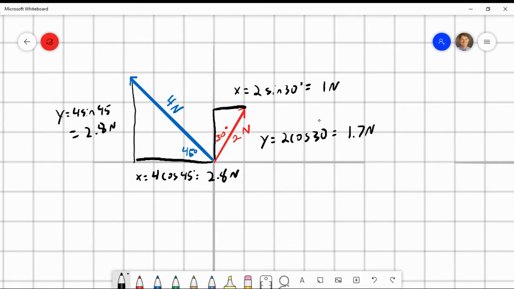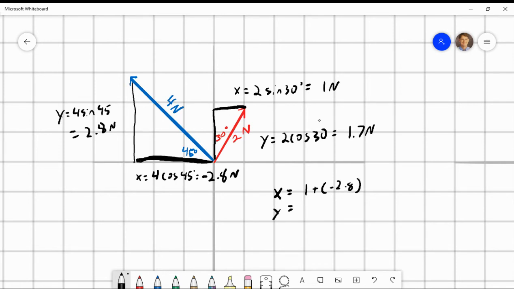So what do we do? Well, now if I want to get my resultant vector, or at least the components of it, I know that x is going to equal 1 plus negative, oops, so this is a negative here. I almost forgot, remember, it's going this way. So that's a negative 2.8. So 1 plus negative 2.8.